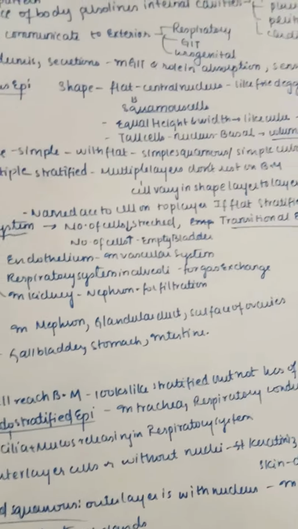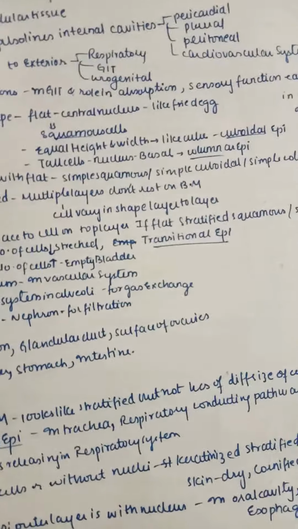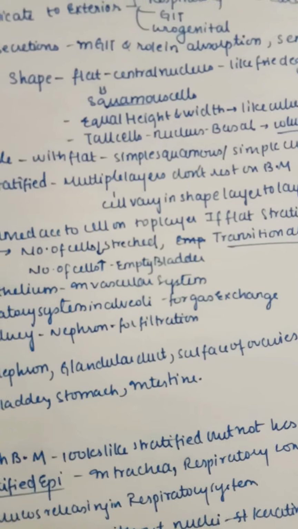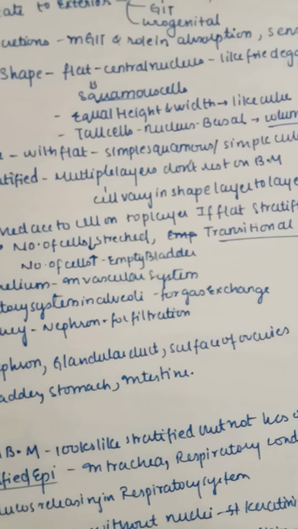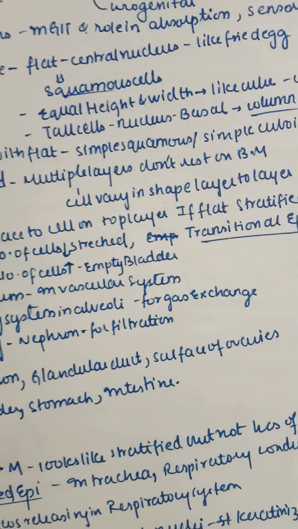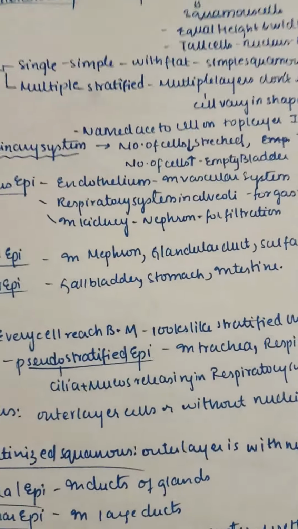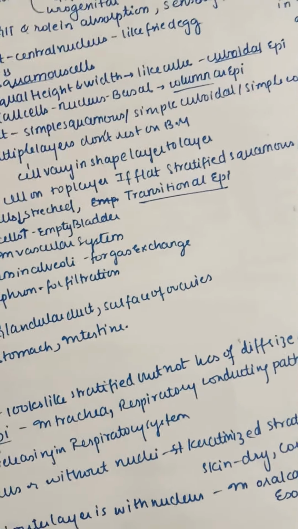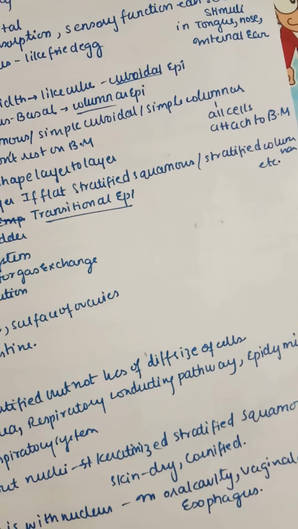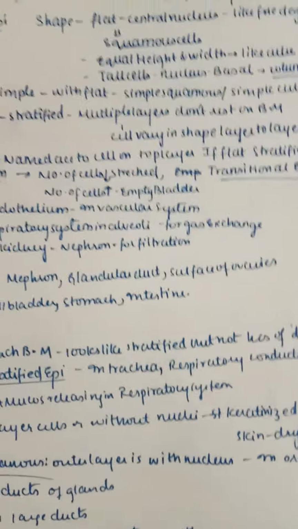Cells also vary in shape from layer to layer. So we name these cells based on the cell on the top layer: if flat, it is stratified squamous; if columnar in the outer layer, stratified columnar, or stratified cuboidal.